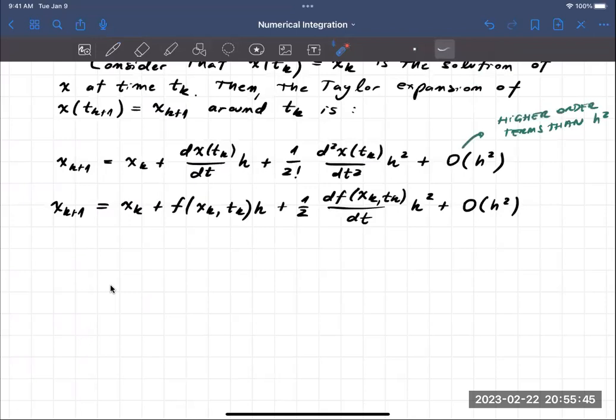If we take all the infinite terms related to the order of h squared and higher order terms, then we're going to have an exact solution.